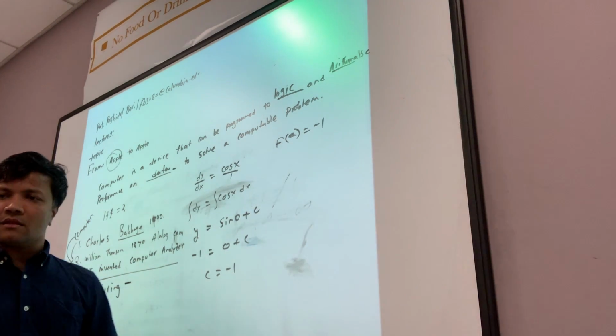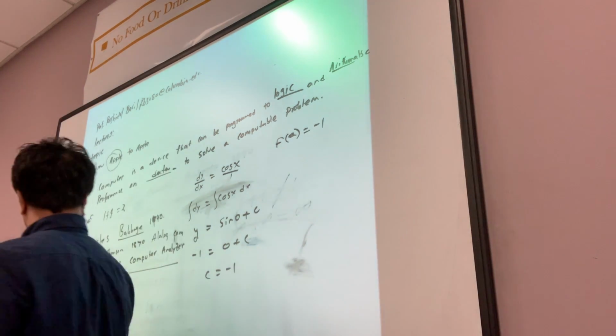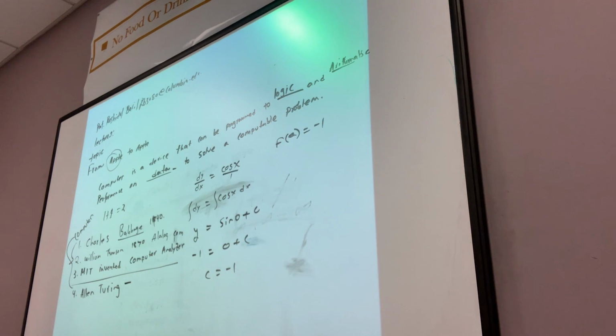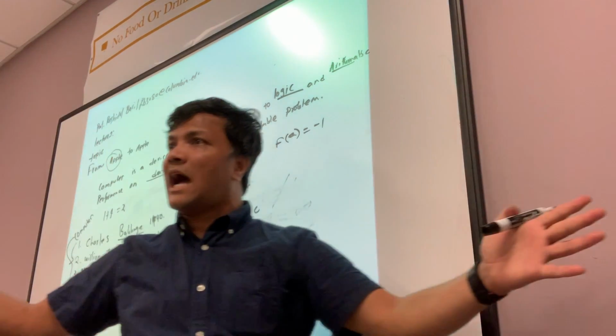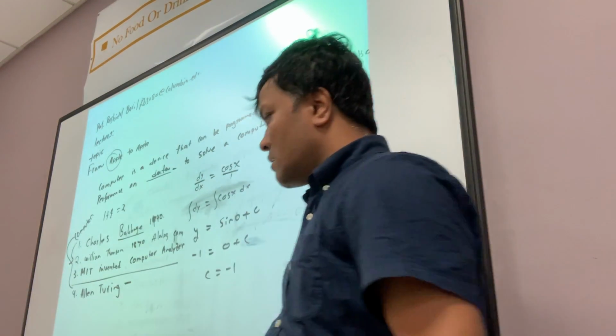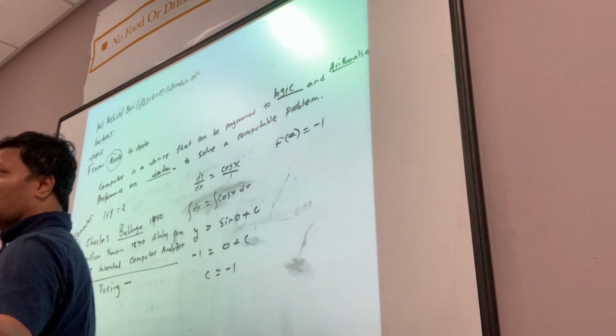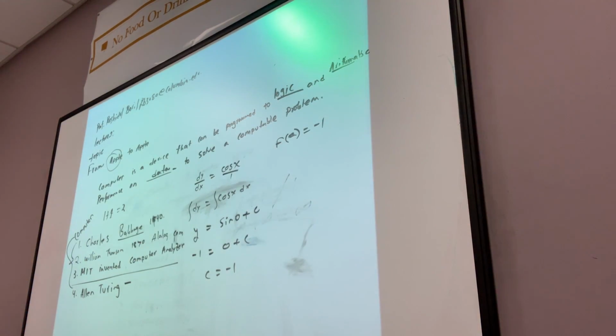So what happened around 1918? David Hilbert, one of the biggest mathematicians of all time, wrote a math problem because he is considered the father of modern mathematics. If Newton is the father of physics, he is the father of modern mathematics.